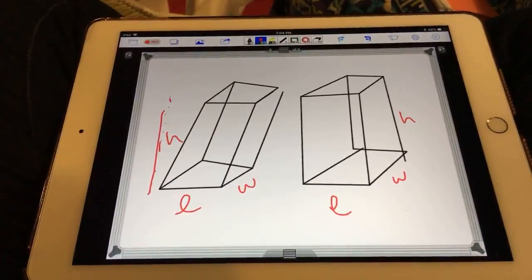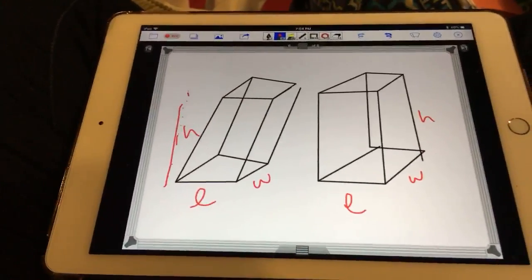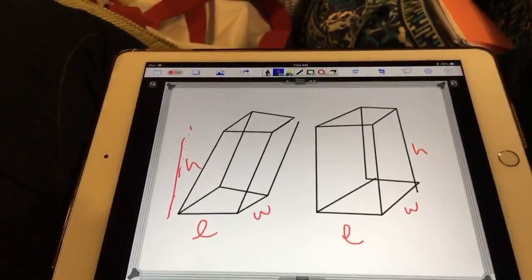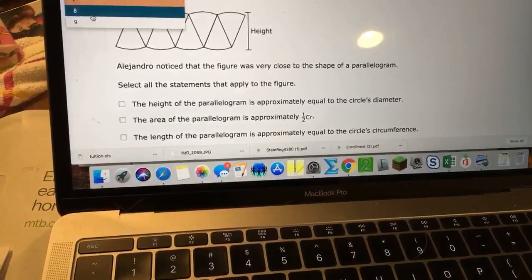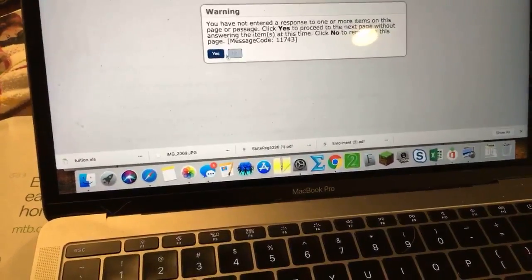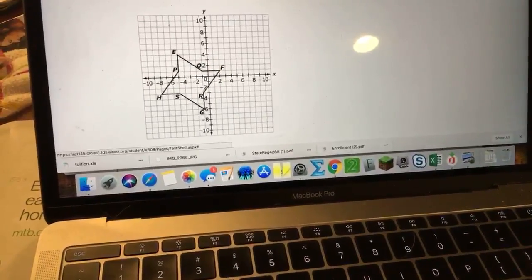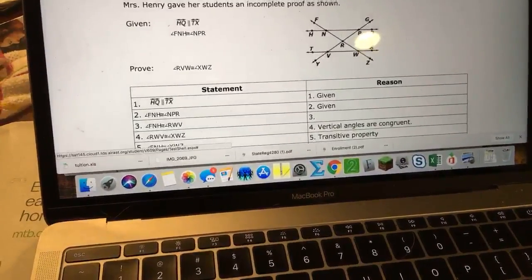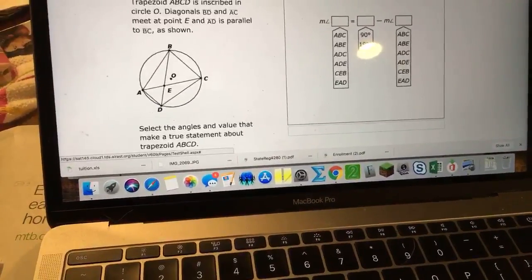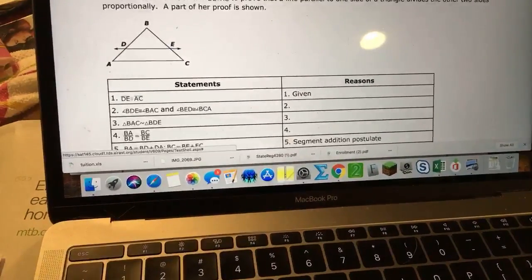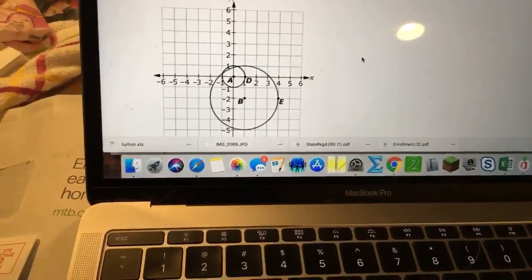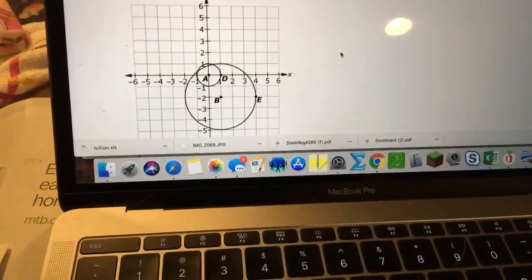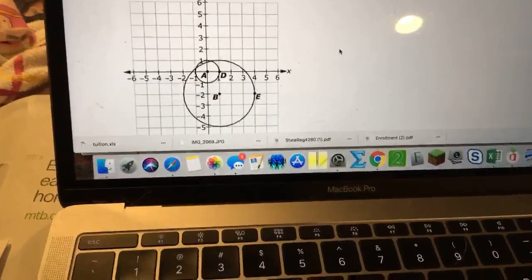Awesome. Okay. All right, and then 13 on the online test. Circle A has a center at the origin and point D located on the circle at 1, 0.